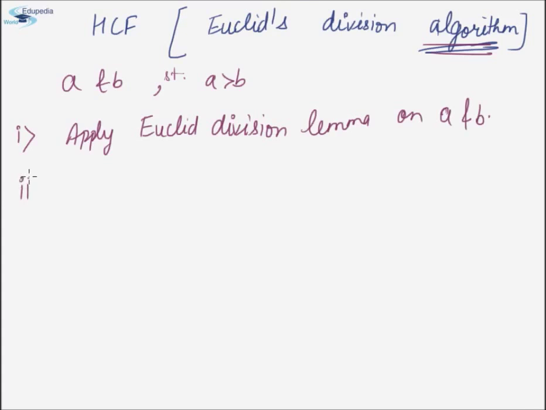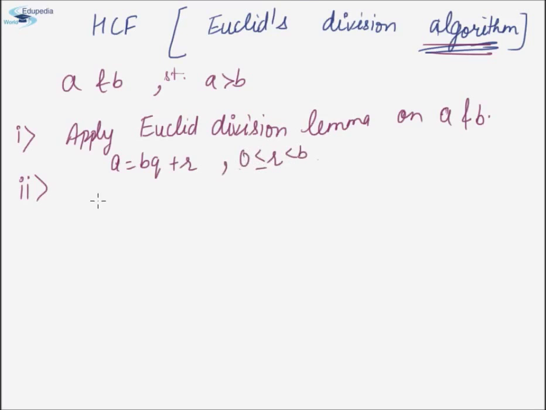The second step says check for the value of R, because after applying Euclid's division lemma we will get A is equal to BQ plus R and the constraints on R as these values.